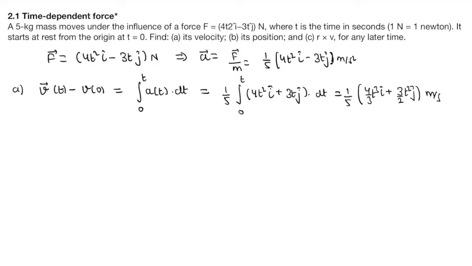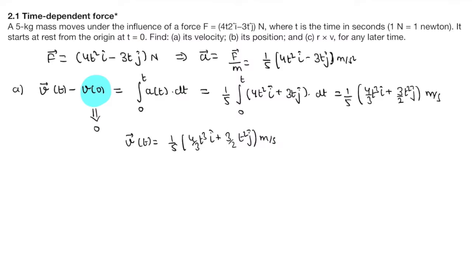And now the thing is, I know that at time t equals 0, this thing is equal to 0, so I can just write v vector as a function of time equals 1 upon 5 times 4 by 3 t cube i cap plus 3 by 2 t squared j cap meter per second.